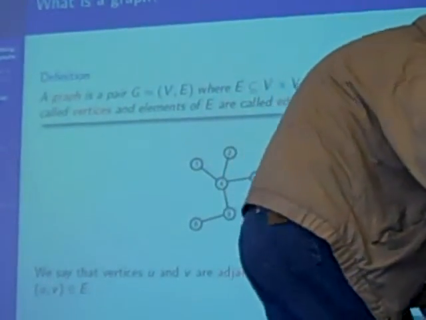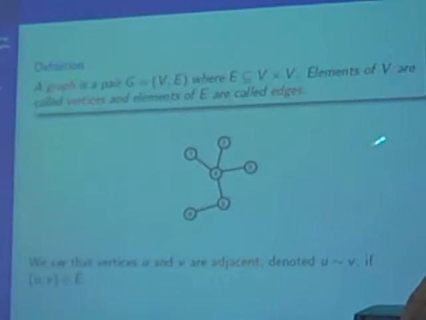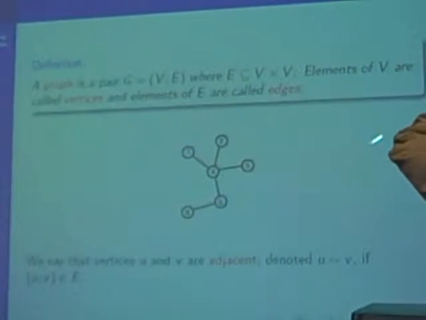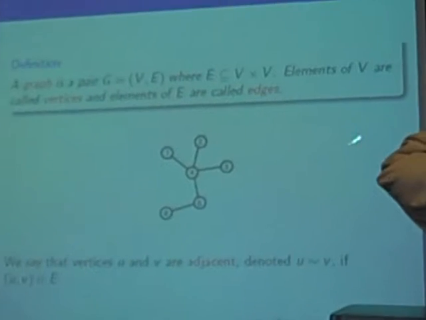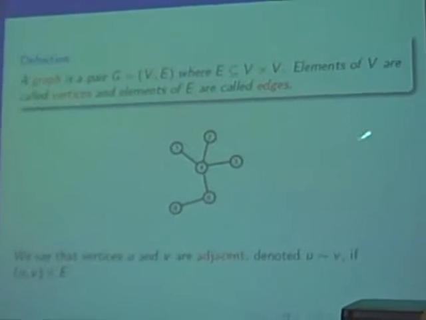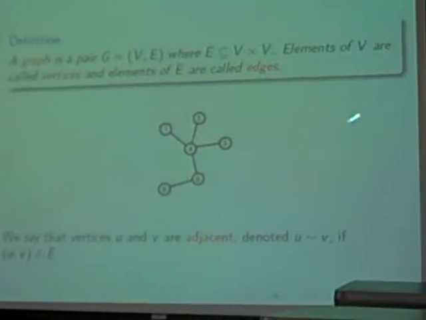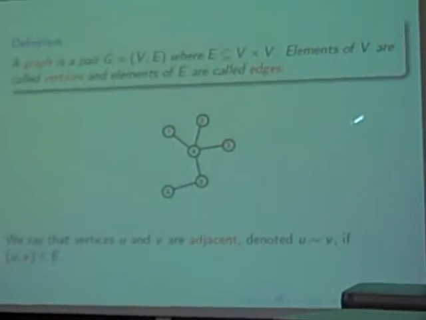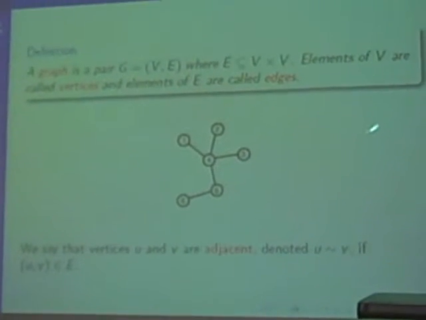We say that two vertices U and V are adjacent, denoted using a tilde, if the ordered pair UV is an element of the edge set. So in this particular graph, we would say that 1 is adjacent to 4.